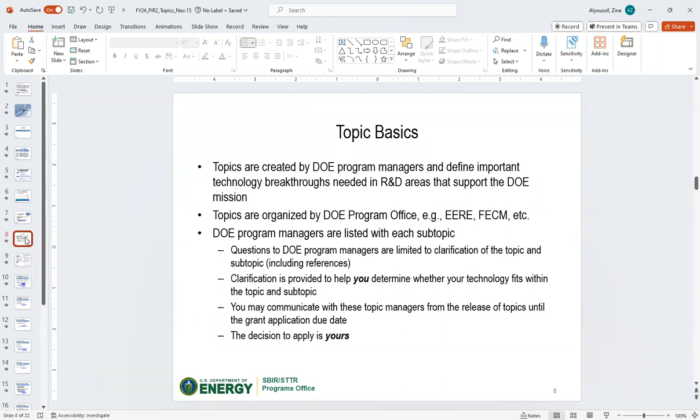What we ask you to do first is to read the topics and subtopics and the reference information that is provided to get a little more context as to what the topic managers are looking for. When you do get in touch with the topic managers, it is for clarification purposes. We are not asking them to tell you whether or not it is a fit for what they're looking for.